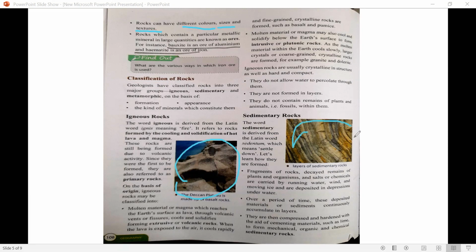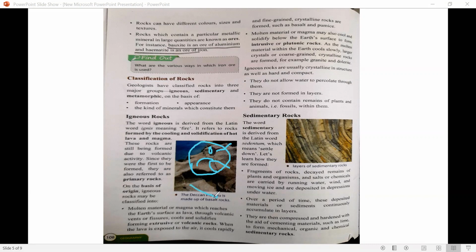We can see some sedimentary rocks that form on sediments, forming layers like earth layers. So we can see some beautiful rocks in our surroundings. In these rocks, they have different types of textures. Yes, so they have different textures.